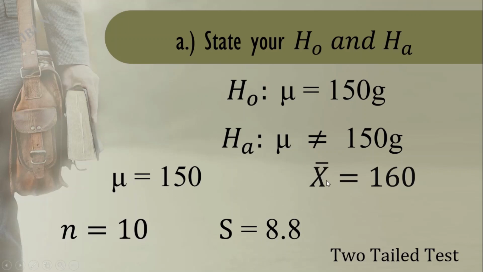Then, yung sample mean, itong x bar is 160. Tapos, yung standard deviation naman natin is 8.8. Then, yung ating number of observations represented by lowercase n is 10 kasi 10 samples. So, obviously, two-tailed test siya.